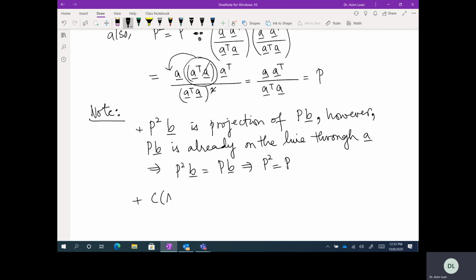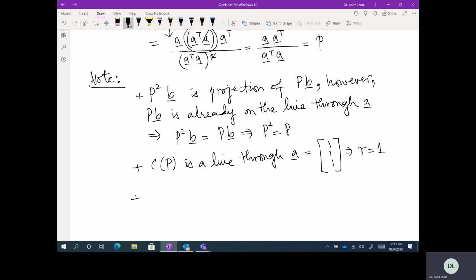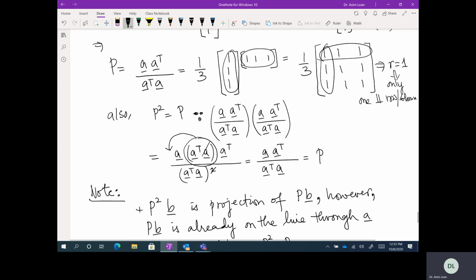Column space of A, or column space of P, basically. Column space of P is a line through A, which is 1, 1, 1. This implies rank equals 1. Null space of P is generated by, so there should be two free variables.